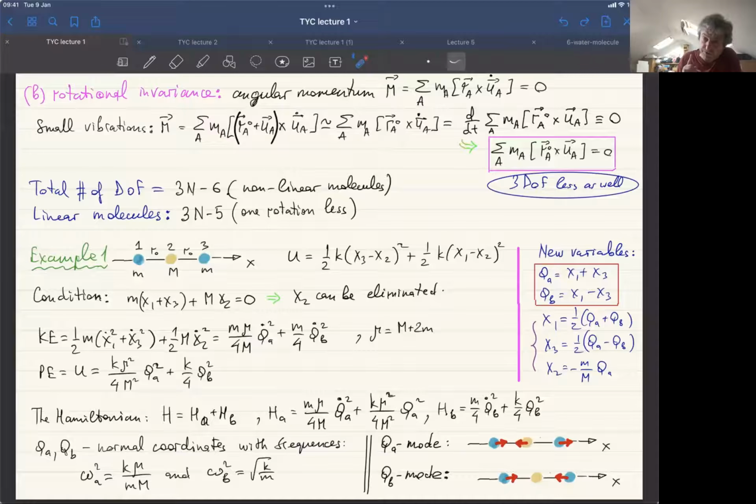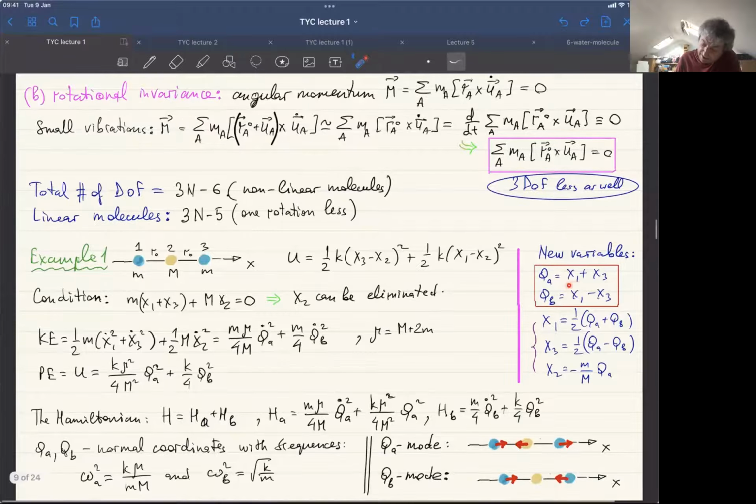Now we can introduce 2 new coordinates, call them Q, as a sum of 1 and 3 and the difference of 1 and 3. And because x2 is proportional to x1 plus x3, which is this Q_A, we are able actually to express each of the coordinates x1, x2, x3 via just two coordinates, Q_A and Q_B, in that fashion.